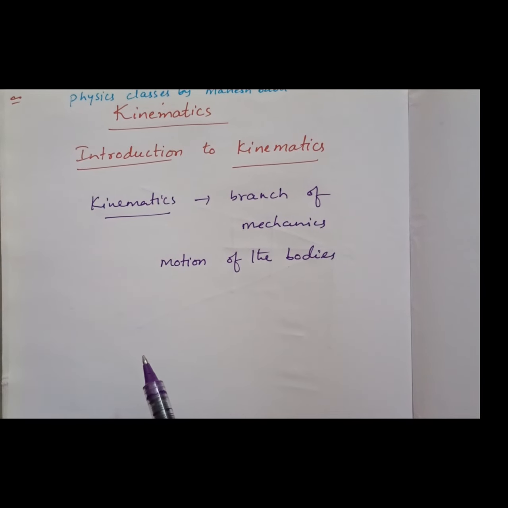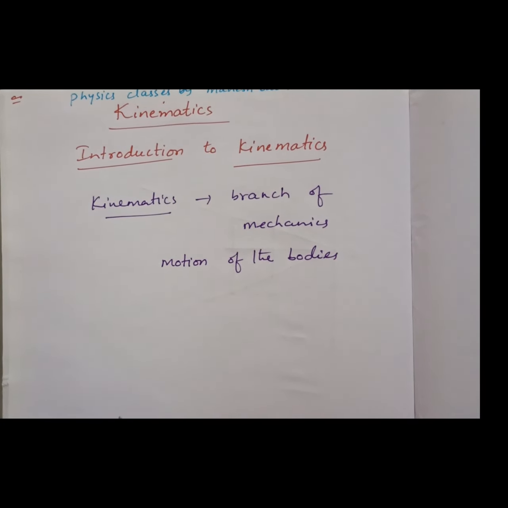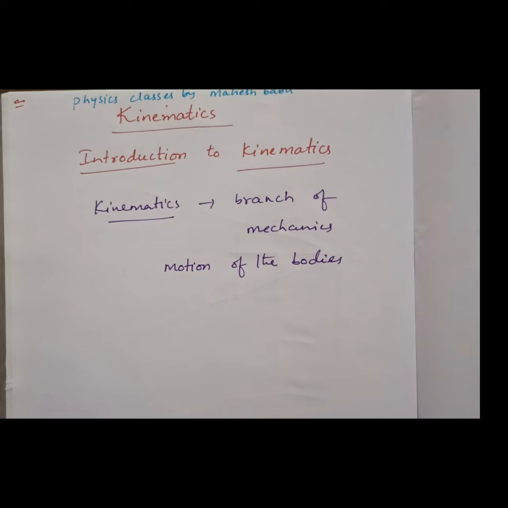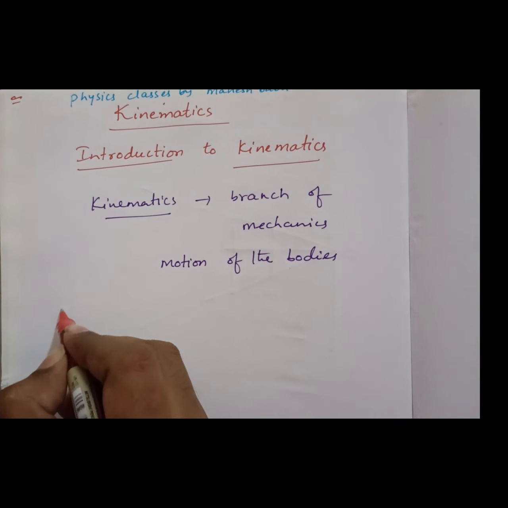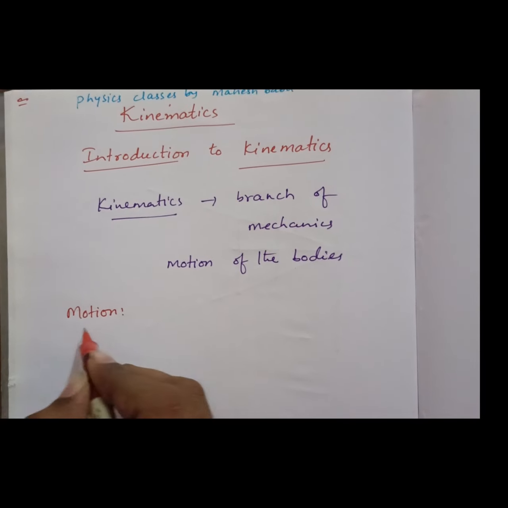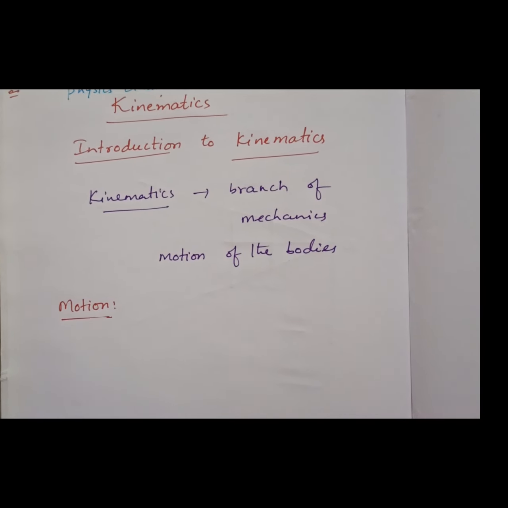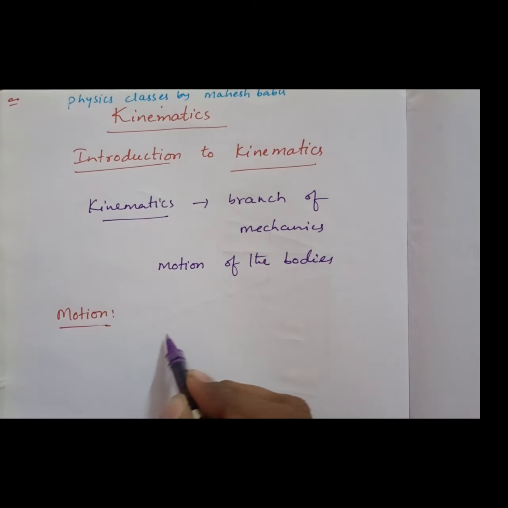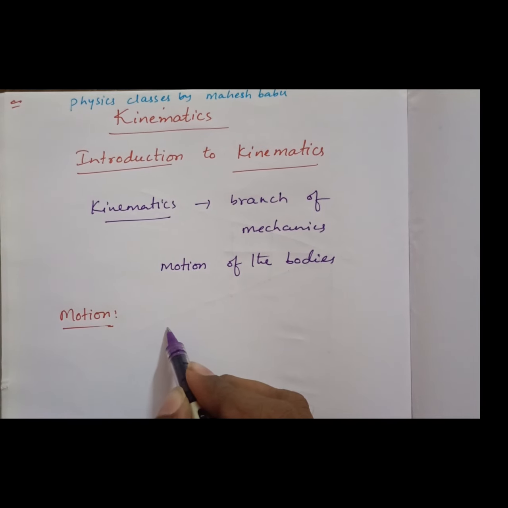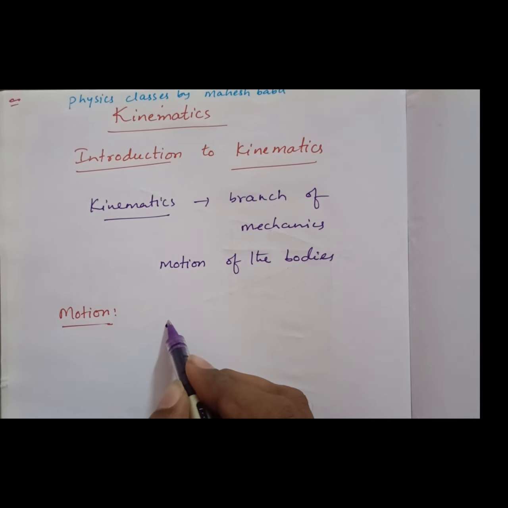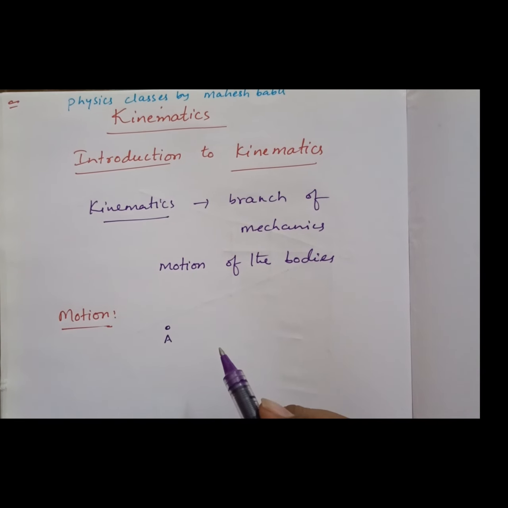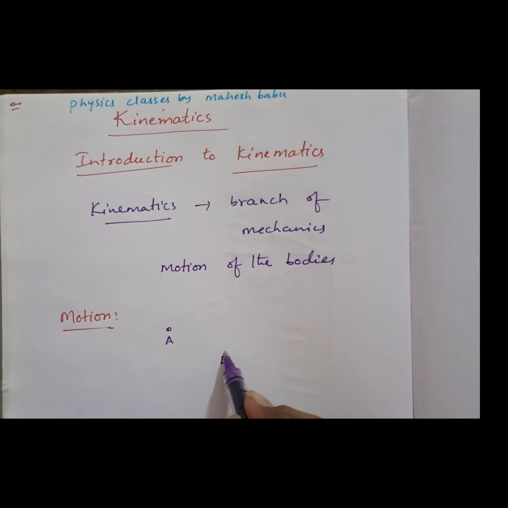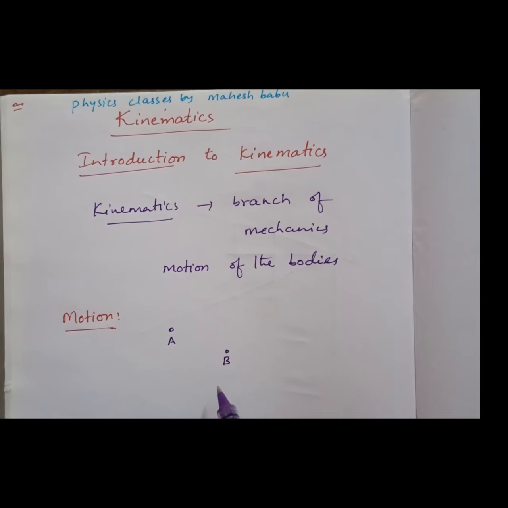Today we will discuss some basic terms related to kinematics. First one, motion. For example, if a person A is standing at a point, and another person B is at another point.